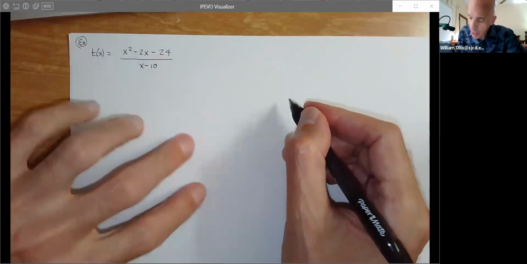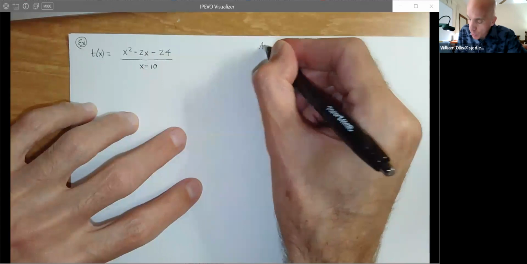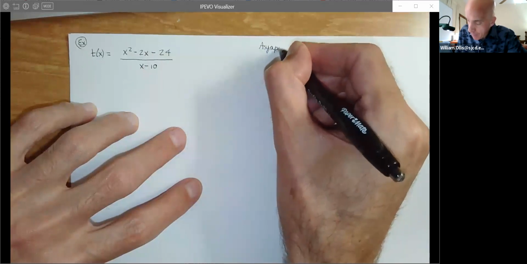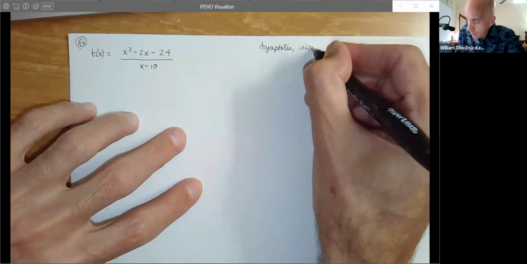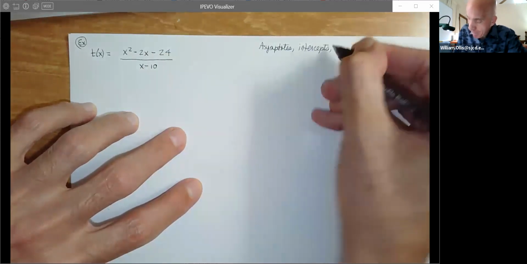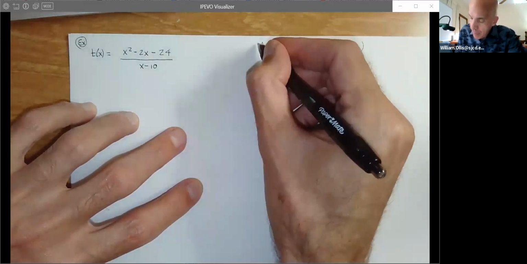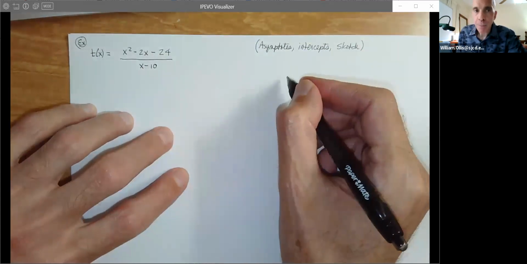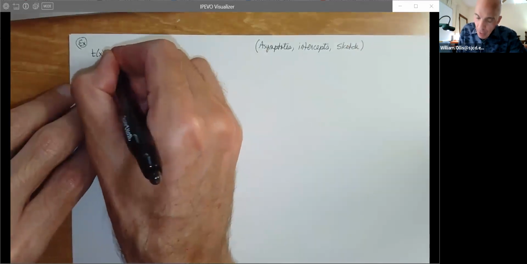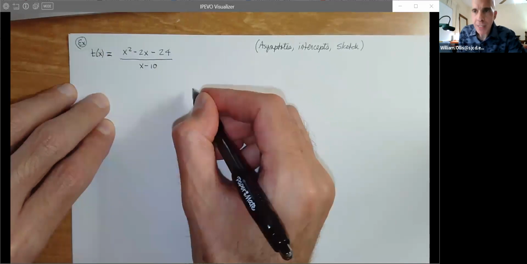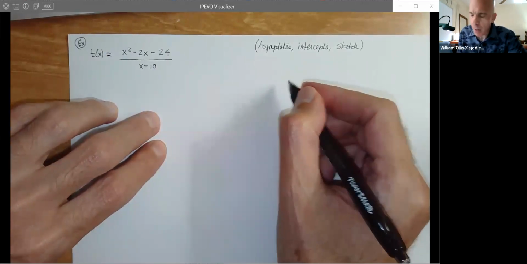So what we want here are the same things: asymptotes, intercepts, and a sketch. Again, computer-generated sketches are really beautiful because they plot so many points and they appear to provide a continuous graph.